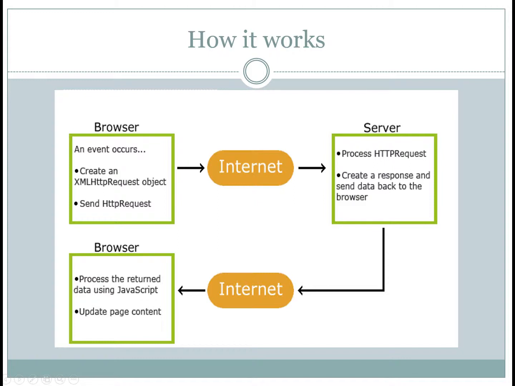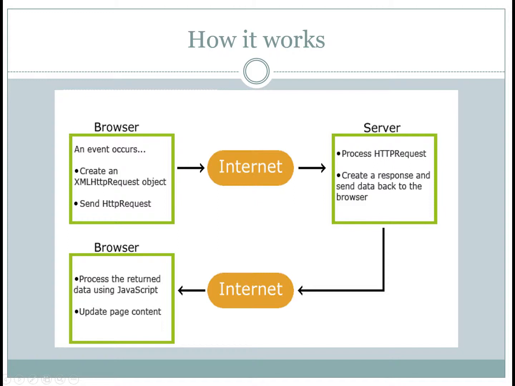In the browser, an event occurs. Create an XMLHttpRequest object. Send an HTTP request through the internet. Through the internet, it passes to the server. In the server, it processes the HTTP request, creates a response, and sends data back to the browser.